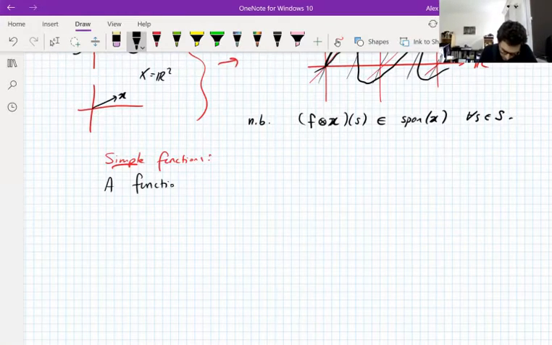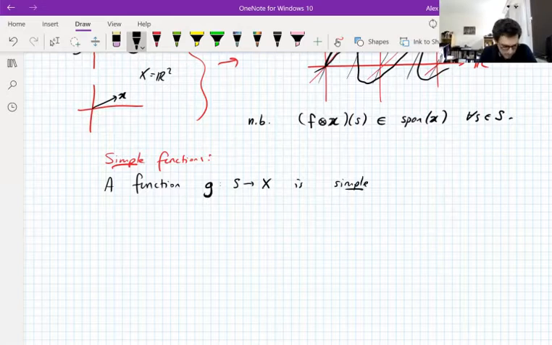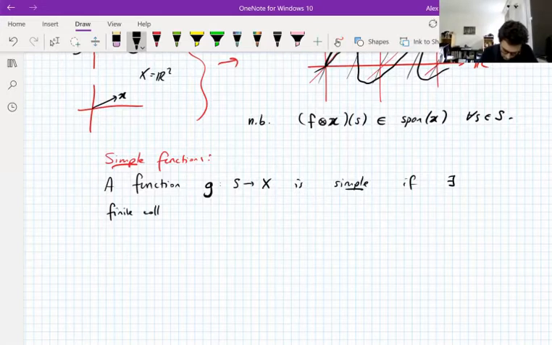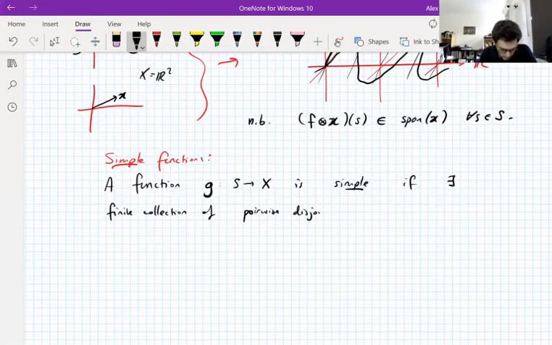So a function g, bold g, from S to X is called simple if there exists a finite collection of pairwise disjoint measurable sets.